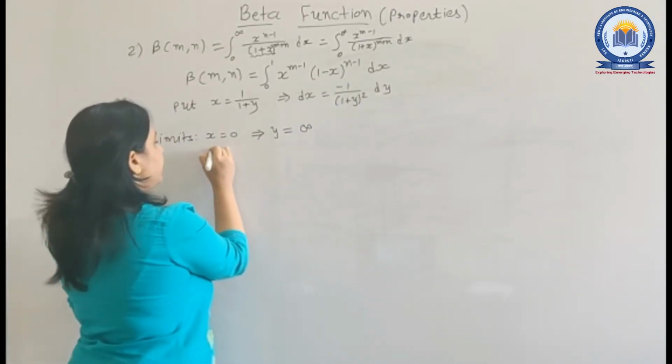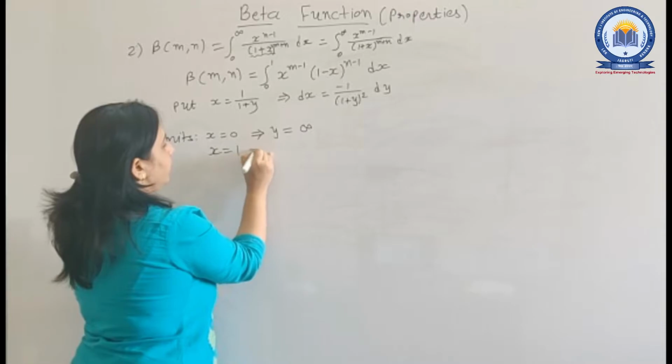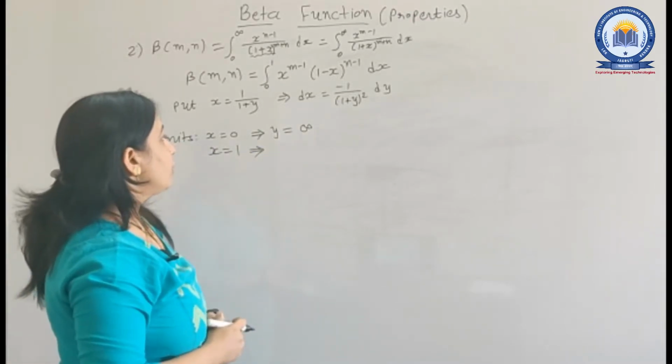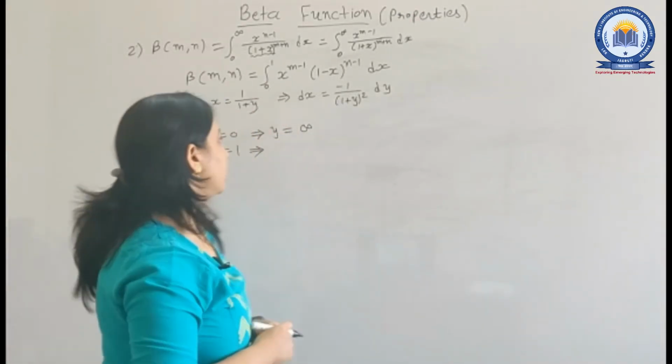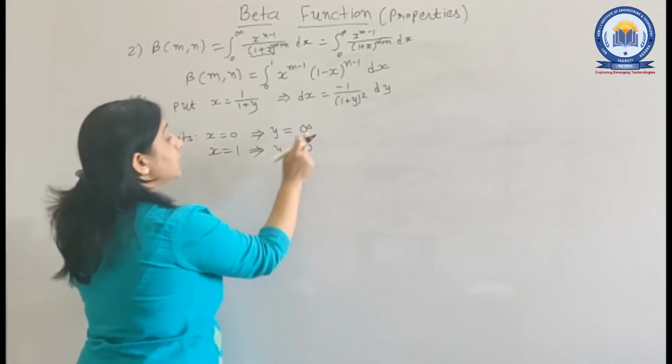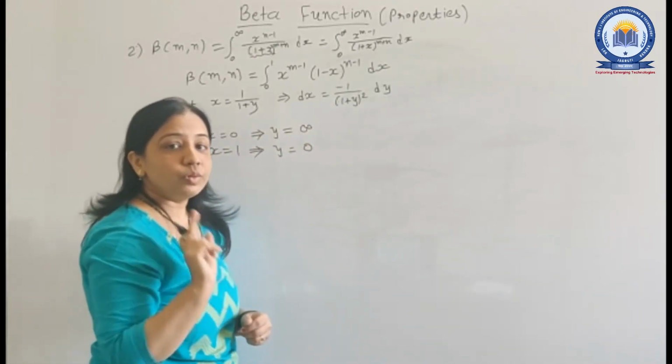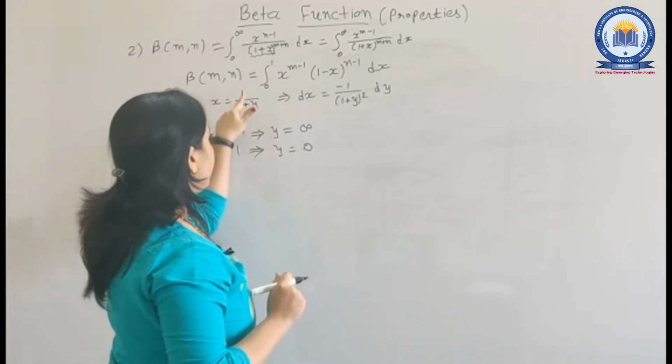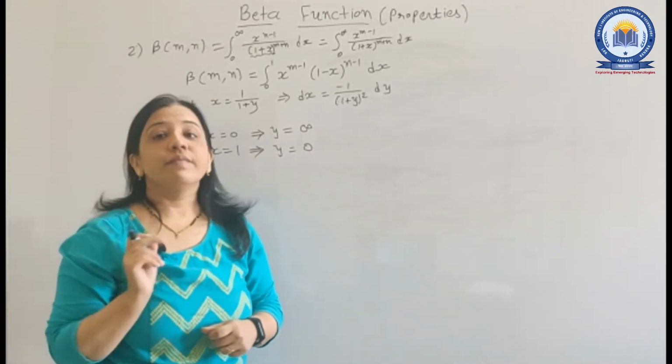Now when x equal to 1, the y will become 0. So this limit we are going to use when we replace x with 1 upon 1 plus y.